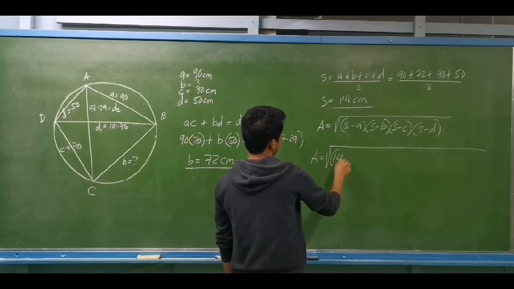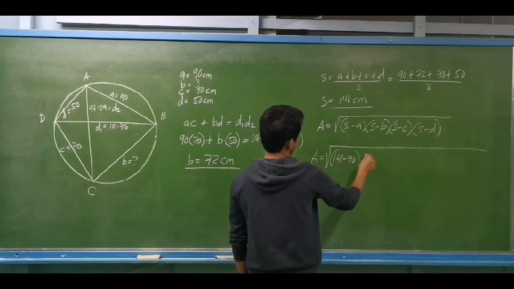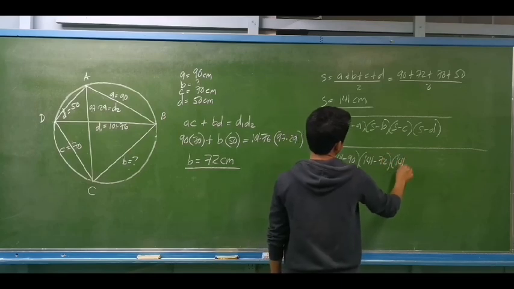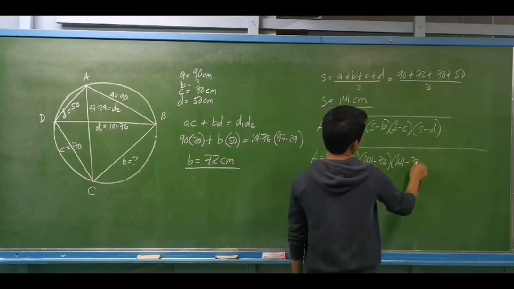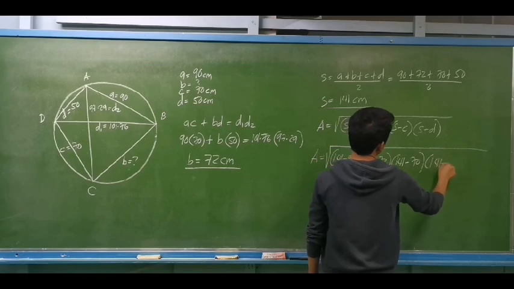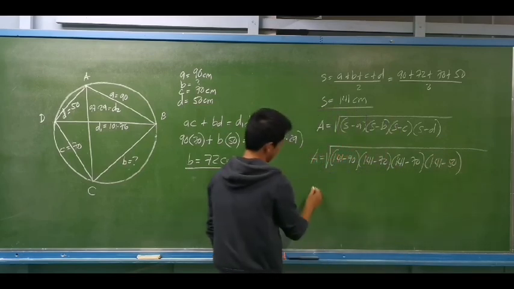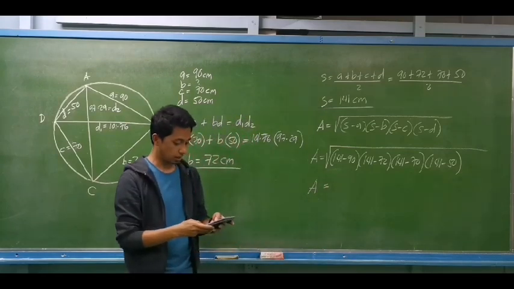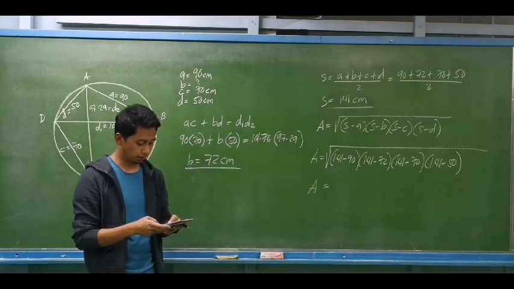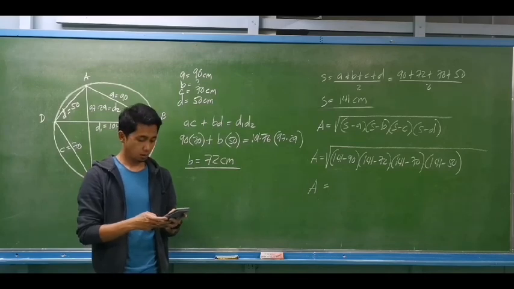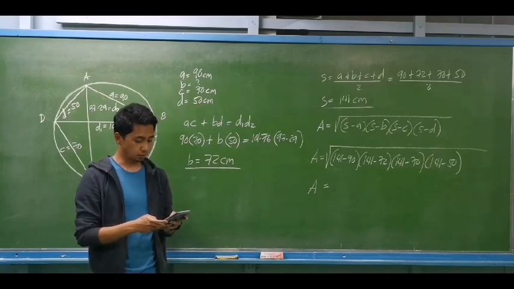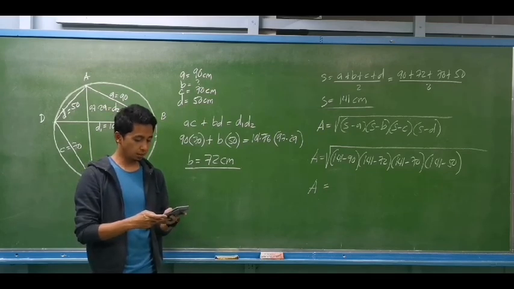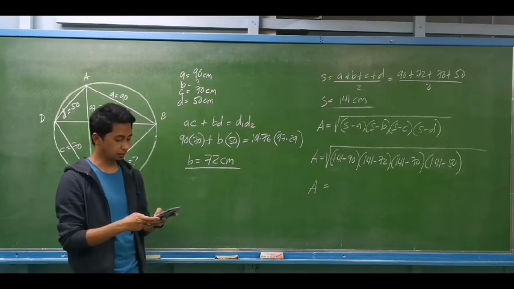This is 141 minus 90, 141 minus 72, 141 minus 70, tapos 141 minus 50. Okay, kunin natin yung area of the cyclic quadrilateral. So, this is the square root of 141 minus 90, 141 minus 72, ano ba? Ay, 141 minus 70 times 141 minus 50.